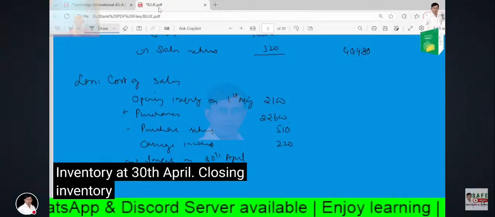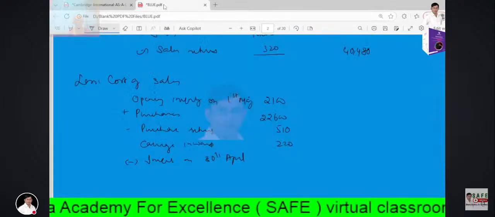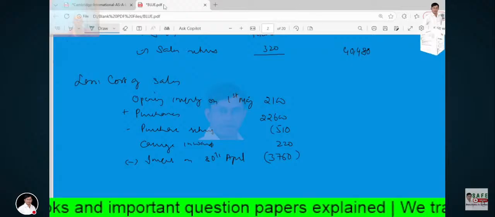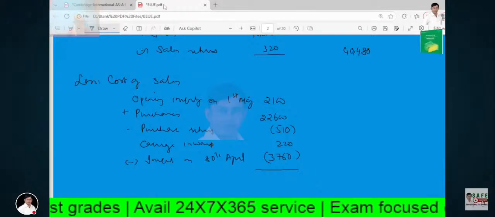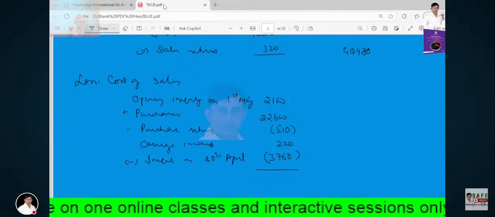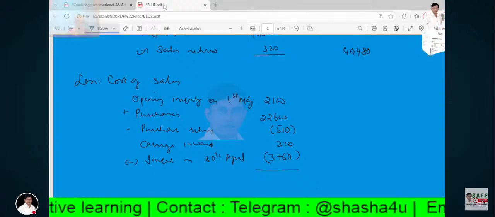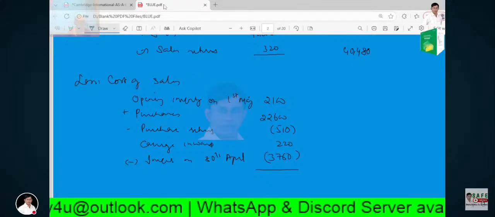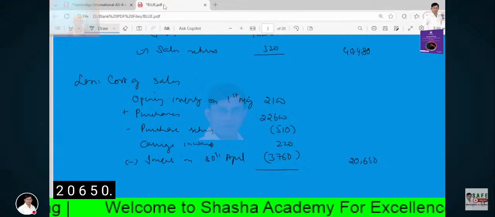Closing inventory, we have to subtract. So 3760.